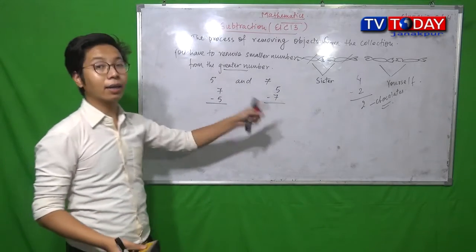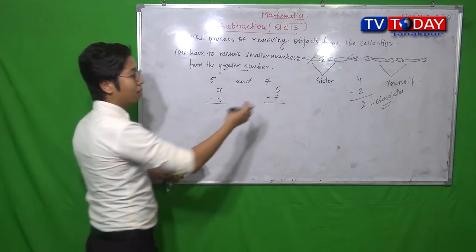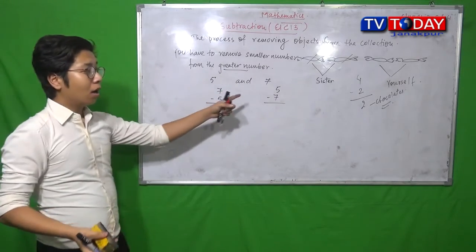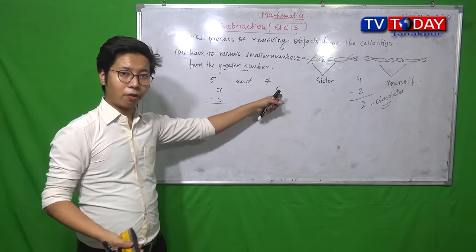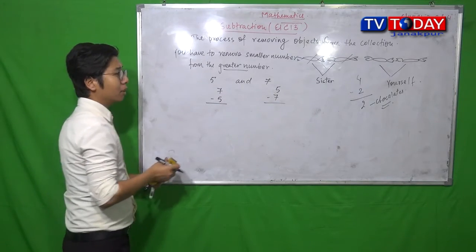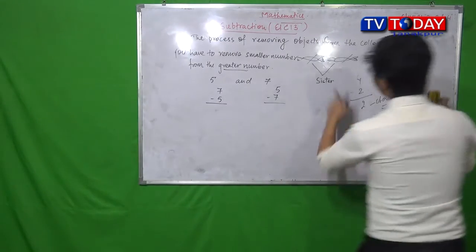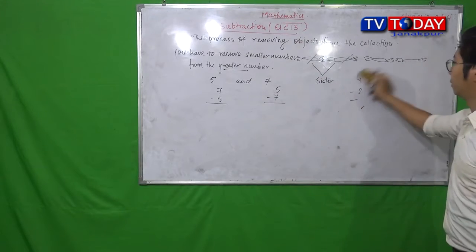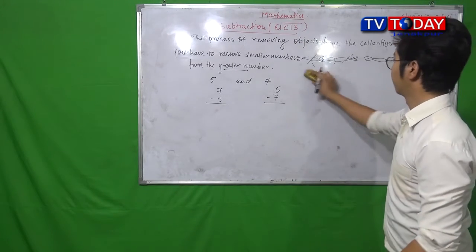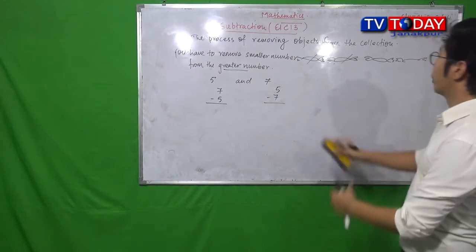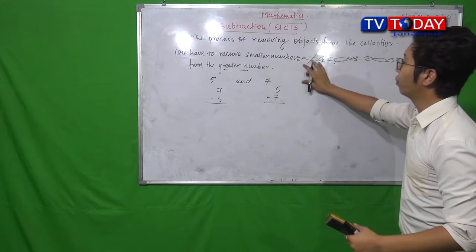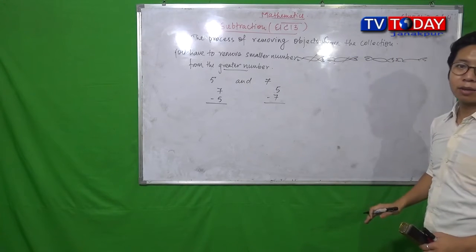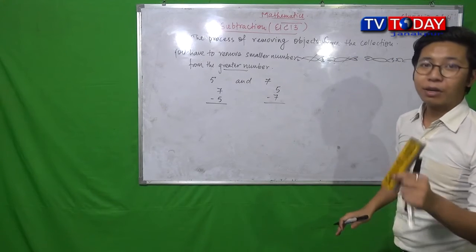You can't subtract 5 minus 7. The answer would be what? Negative. You can't perform. Can you subtract 7 from 5? I will give you an example. Suppose you have 4 chocolates and you want to give 5 chocolates to your sister. Can you do it?